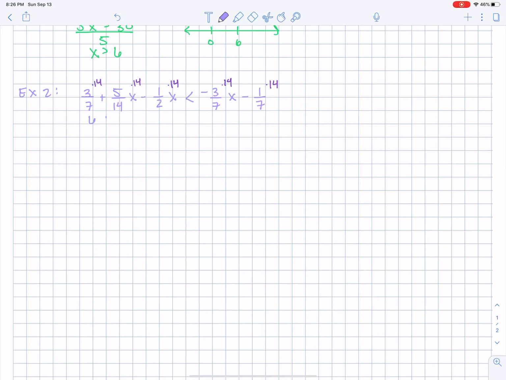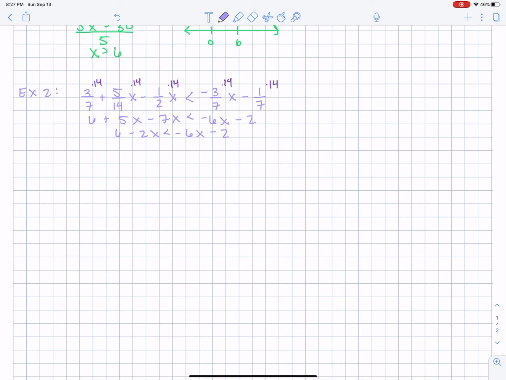We have 6 plus 5x minus 14 divided by 2 is 7 times 1, 7x less than negative 6x minus 2. Ooh, this one turns out to be pretty nice. I have 6 minus 2x is less than negative 6x minus 2.